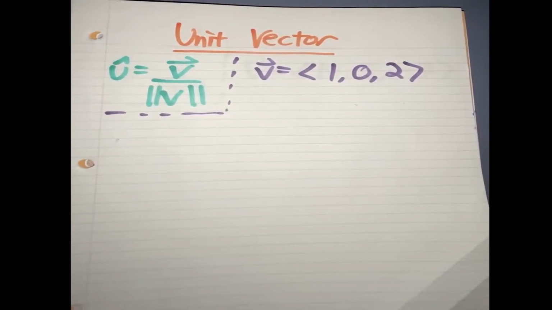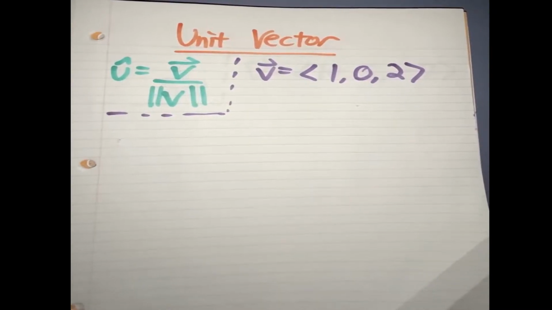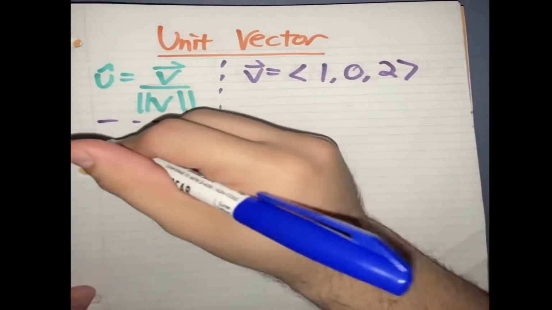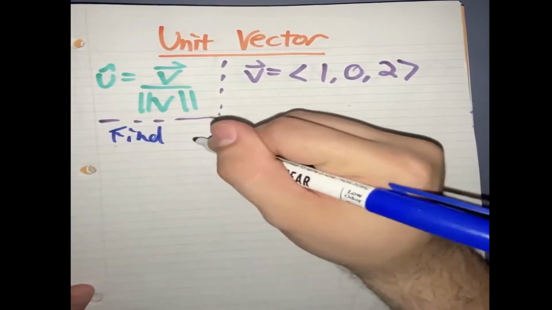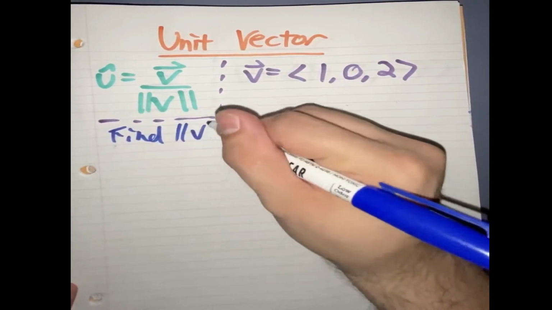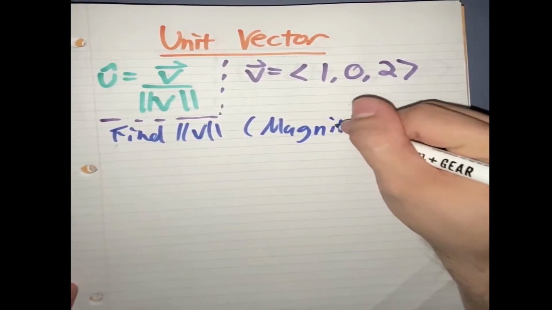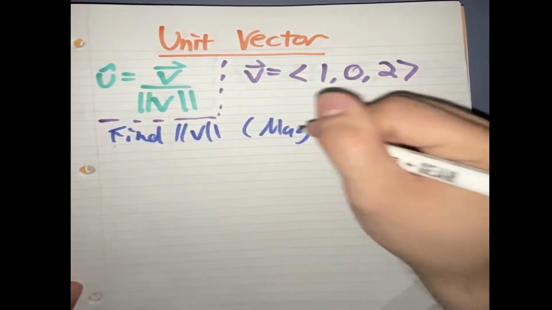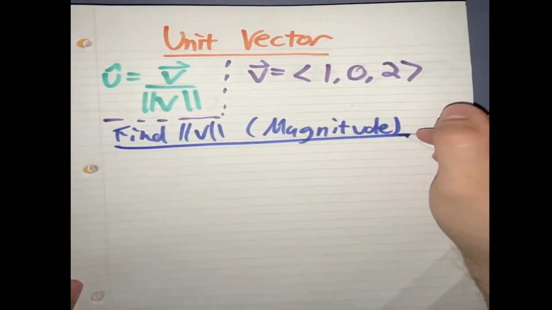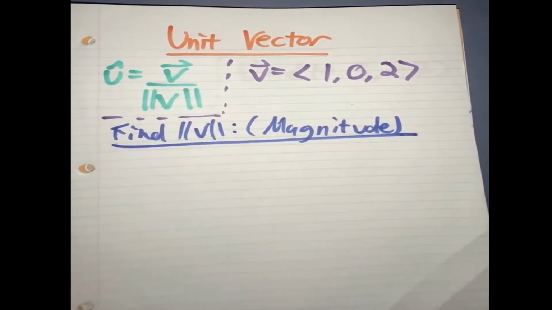The idea is the unit vector is a vector itself. So unit vector will give you a vector, not a scalar. The first step we do is find v prime, in parentheses magnitude.